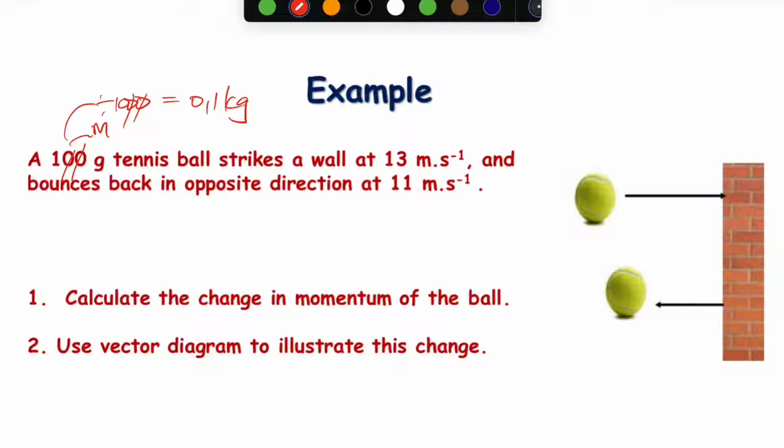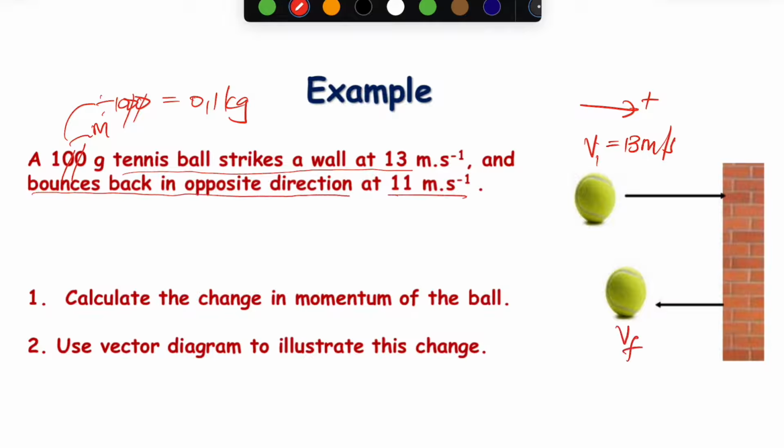So a 0.1 kg tennis ball strikes the wall with a velocity of 13 meters per second, as you see in the picture here. The 13 meters per second is the initial velocity, and we choose towards the wall as positive. It bounced back in the opposite direction at 11 meters per second.